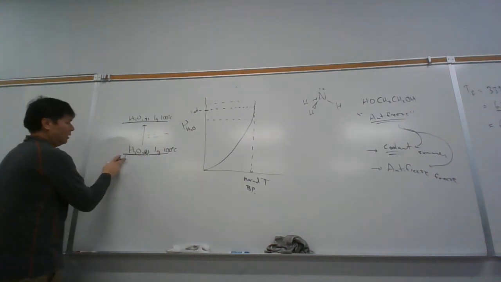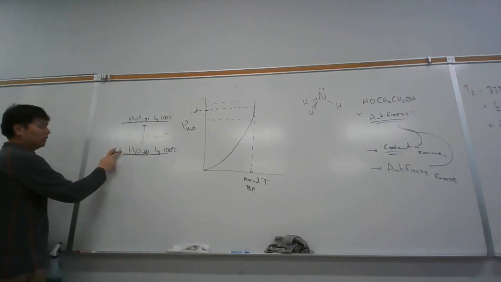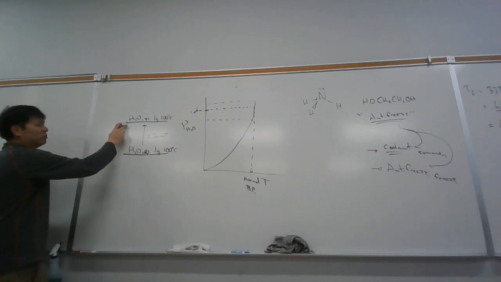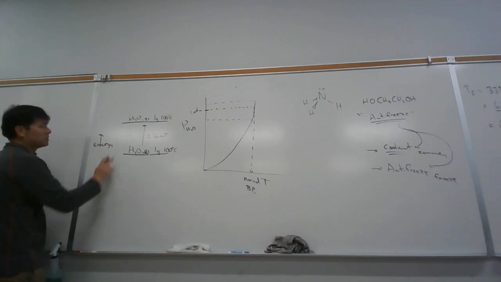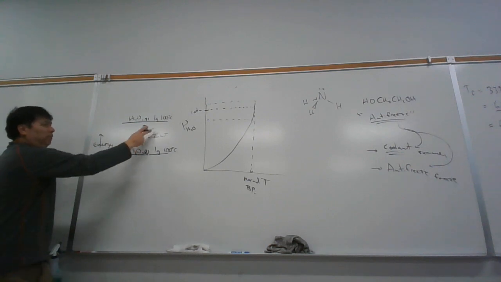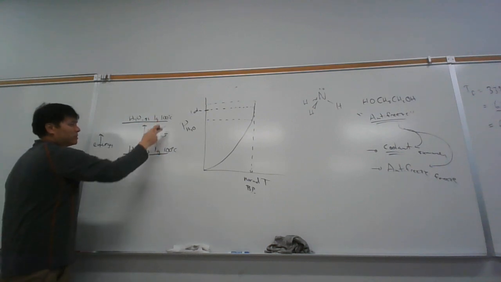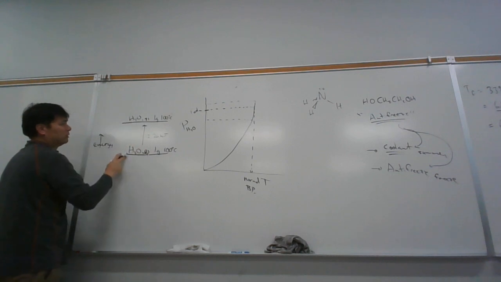So to take H2O liquid at 100 and convert that into H2O gas at 100, it's higher energy. This is energy here. And so steam is a higher energy, even though it's at the same temperature as water. They're at the same temperature, so the kinetic energy is the same. The potential energy is different, though.